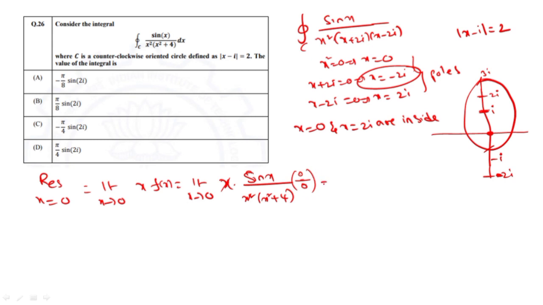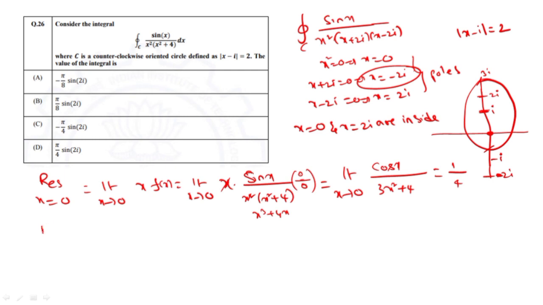Okay. So we go by L'Hopital rule. We have already done in calculus how to do L'Hopital rule. So go through with that if you want. Derivative of numerator is cos x, and this part, x into x square plus 4 is x cube plus 4x, derivative is 3x square plus 4. Now replacing by 0, we get 1 by 4.